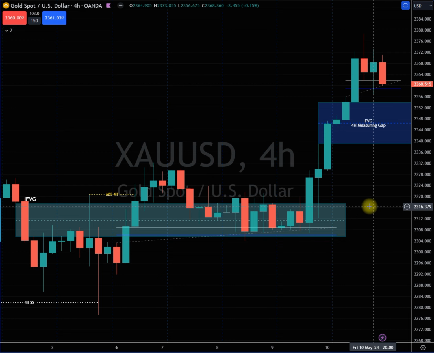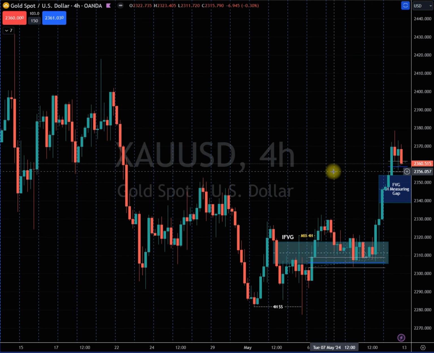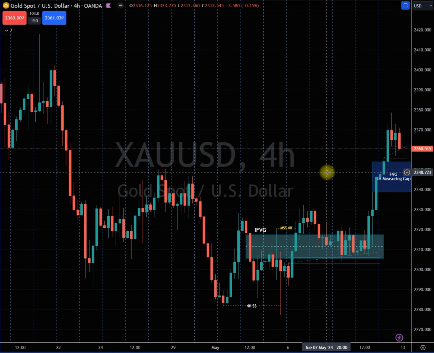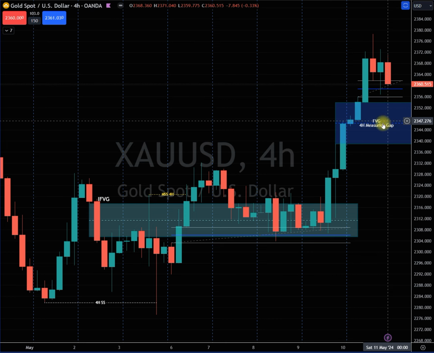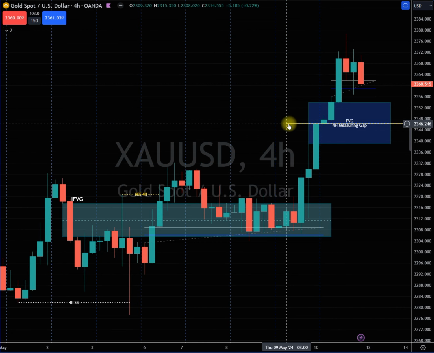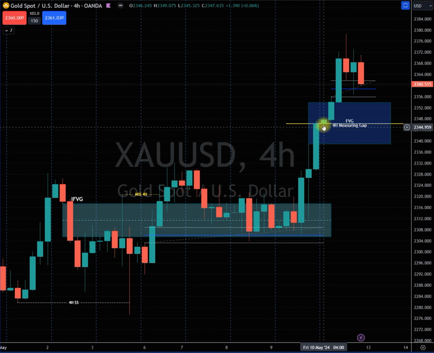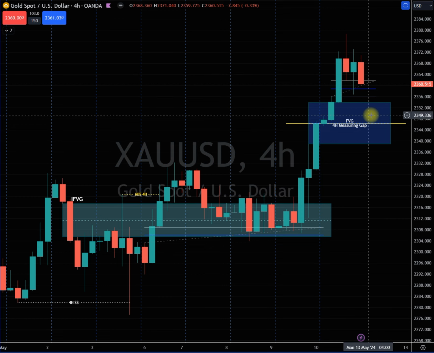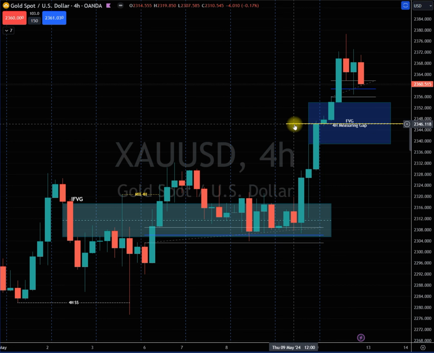Now, if price is really again in a market maker buy model, we don't want to see price retest this measuring gap. At least price needs to stay above this yellow line, which is the consequent encroachment of the measuring gap. We don't want to see price retesting or closing below this yellow line.